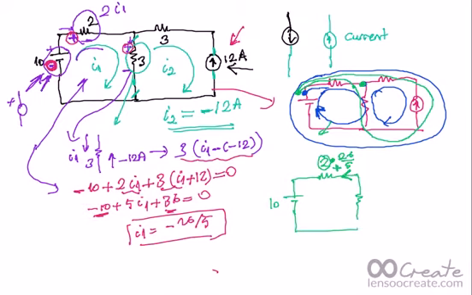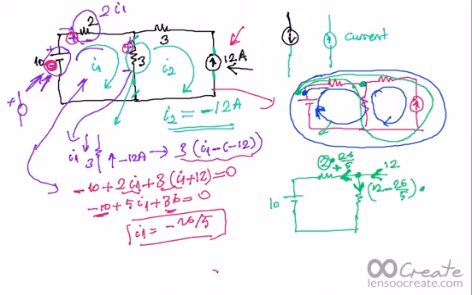And what is the voltage drop on this 3 ohm resistor? We have this 12 ampere here. Here the current is 12 minus 26 over 5, because 12 ampere is coming to this node and 26 over 5 is taking this direction, so the remaining must be this.